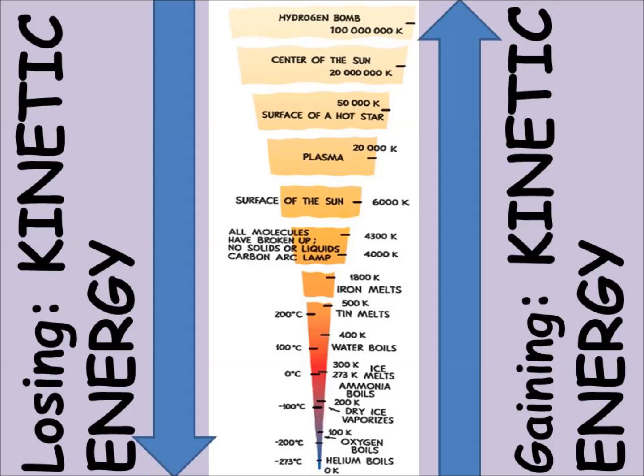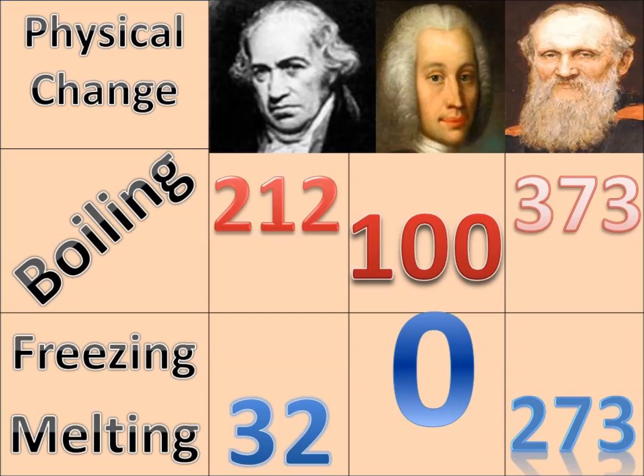Just remember that most of the universe is actually very close to 0 Kelvin. It's about 2 Kelvin, approximately, because most of the volume of the universe is empty space, no matter, no energy. So most of the universe is near 0 Kelvin, on average.